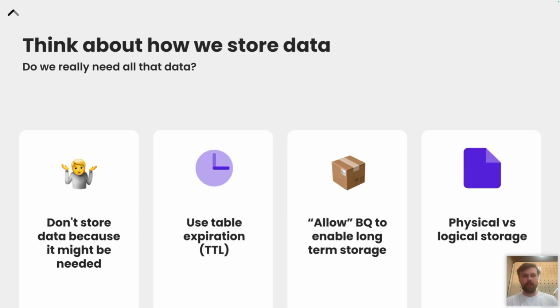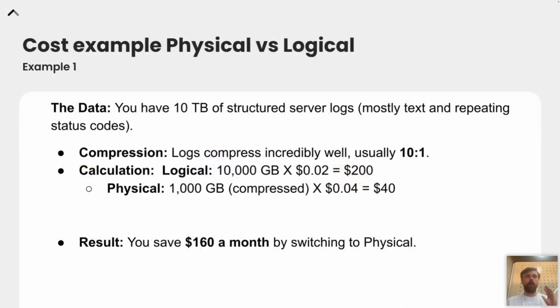I'll walk you through some calculation examples just to make this clearer. Here we have a 10 terabyte table of structured server logs, mostly text and repeating status codes. This usually compresses really well, with a ratio of 10:1.